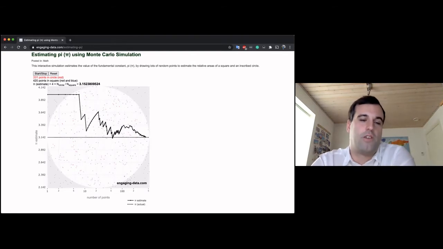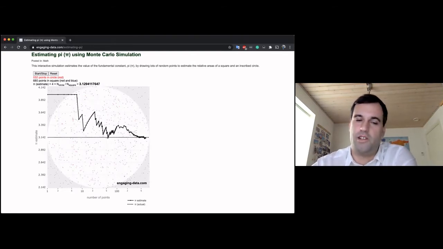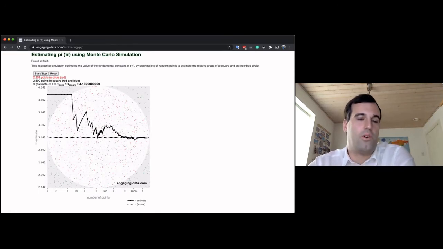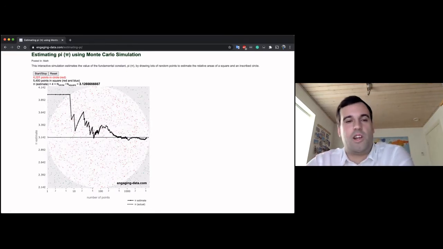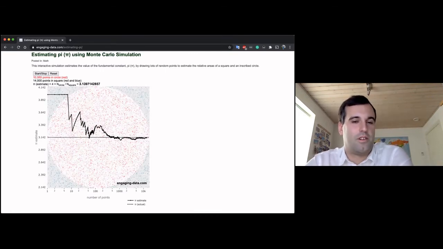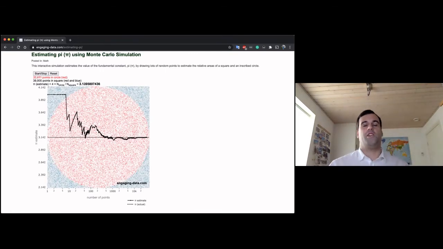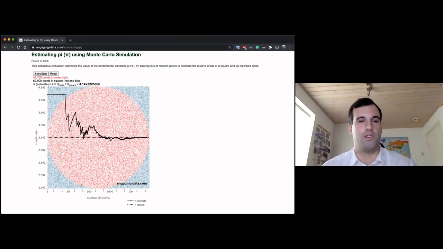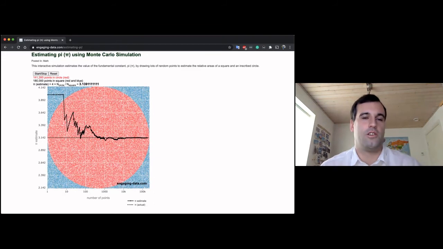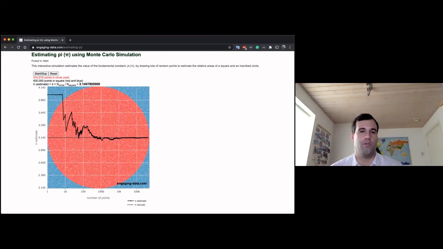But if I increase the number, we started here at 10, then 100, so it's a logarithmic scale, then 1,000 points, you see we're getting better and better, closer and closer. This is the basic idea behind Monte Carlo integration or Monte Carlo simulation. We're using random numbers to try to solve an area problem.